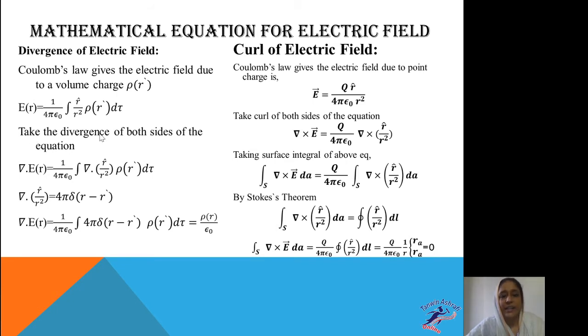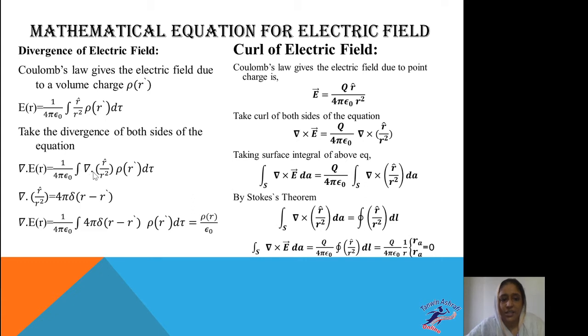Now take the divergence of both sides of the equation, that is del dot E over here and del dot over here also. Now 1 upon 4 pi epsilon naught remains the same, the integration remains the same, del dot r cap divided by r square, rho d tau.